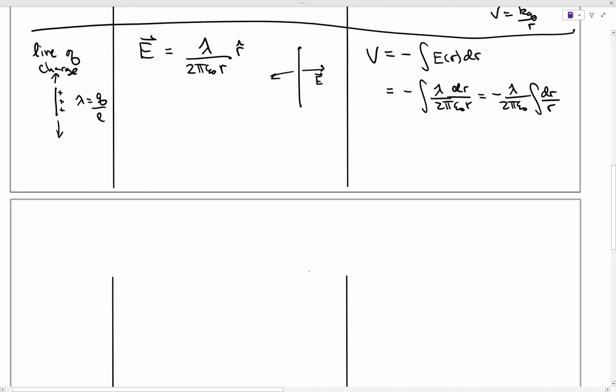What does that look like? That'll give you log r. So the indefinite integral case would look something like this, plus some constant. You'll notice this is negative. But remember the constant, so really what matters is the change in potential. This would be the general solution for the indefinite integral. The main thing is that it depends on the natural log of r. And we saw this in lab.